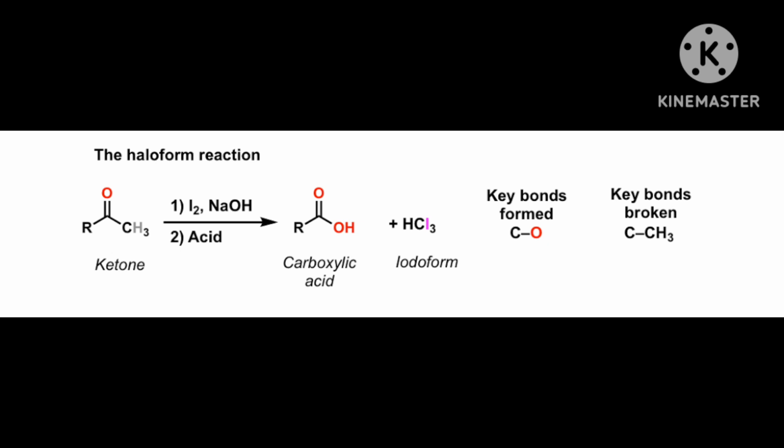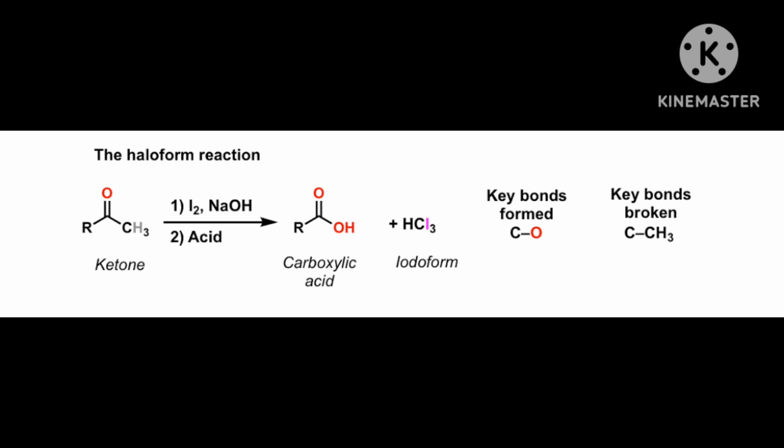The NaOX reaction I told you, X may be Cl, Br, or I. When it reacts with iodine, it forms iodoform. The iodoform reaction with sodium hypoiodite, I told you, is used for the detection of the CH3CO group.